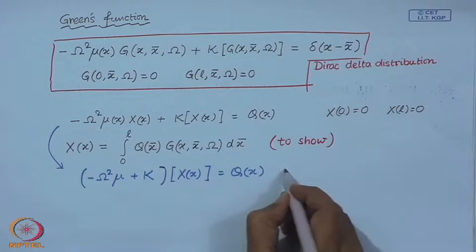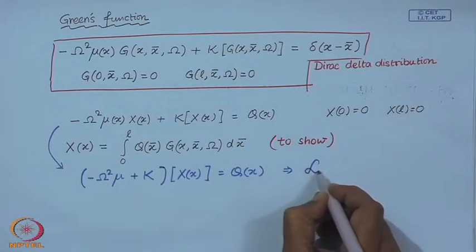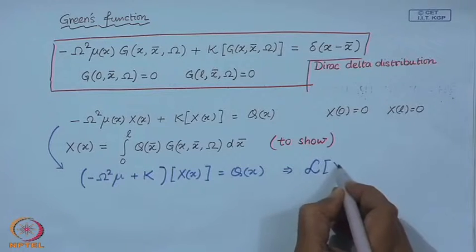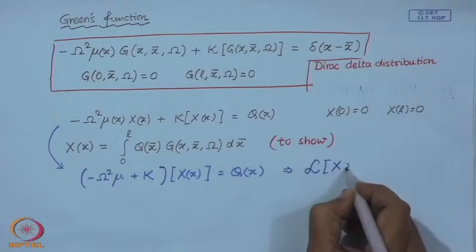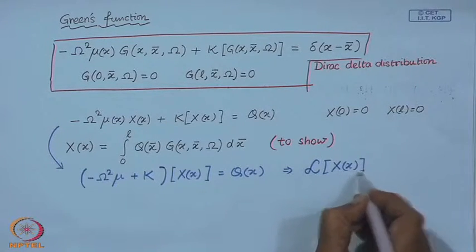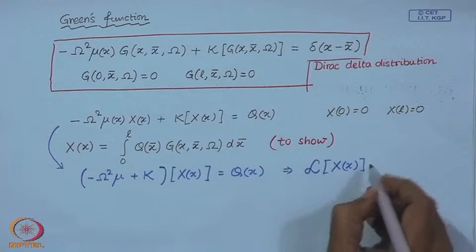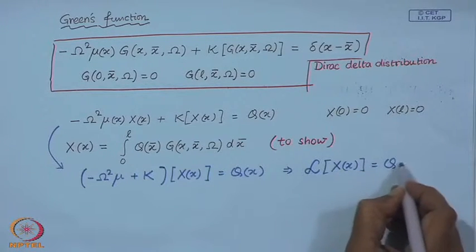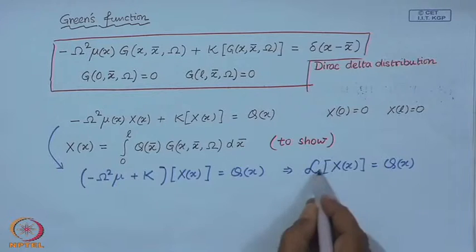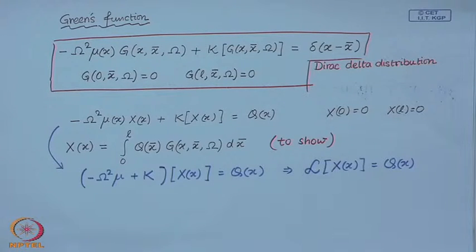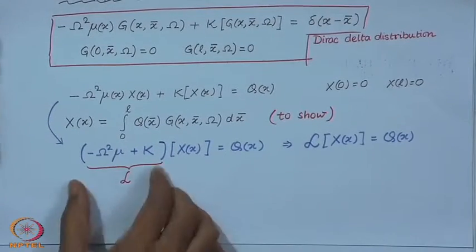So, I will write this as some operator L acting on x gives q. So, this is L, only an abbreviated way of writing this whole thing.